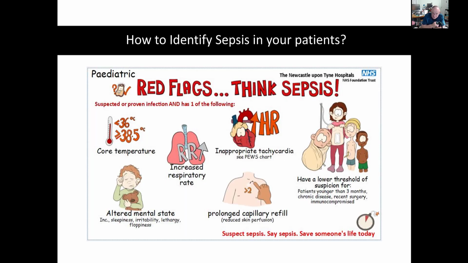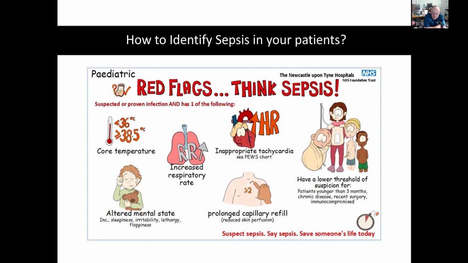How to identify sepsis? I chose pediatric because I found this British one, and it's really quite good. Core temperature increases, which goes concomitant with increased respiratory rate, because increased temperature means your metabolism is increasing, therefore oxygen utilization is increasing, so you'll see increased respiratory rate. Inappropriate tachycardia, and the problem with that is it's variable.